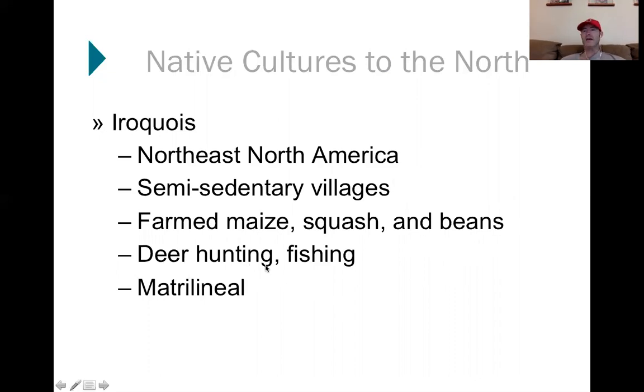You're looking at societies that have access to a variety of different waterways. In the Pacific Northwest, you would see a lot of fishing too because of where those cultures, pardon me, are located. And then matrilineal. Think about this. Why is that important? What does that mean?